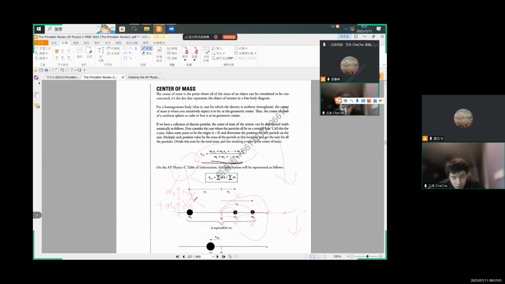Imagine all the masses added together, times this, is basically R center of the mass times the X, which equals all the other sigma X times M. Does that make sense? Okay.